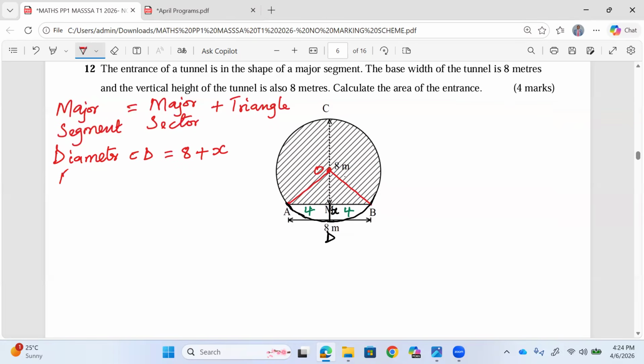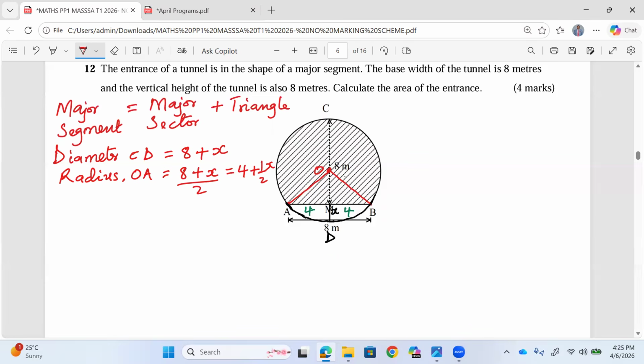We can also talk about the radius now. The radius can be OA or OB or OD or OC. That's all radius. Radius is given by diameter over 2, which will be 4 plus half the value of X. Let's agree up to that point.